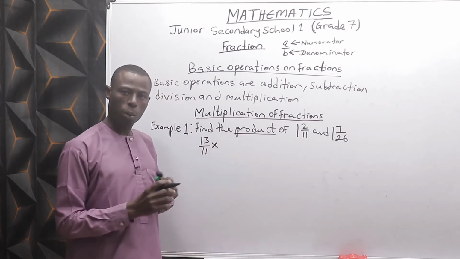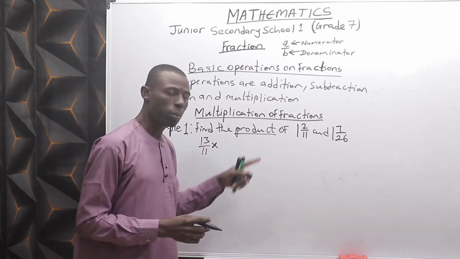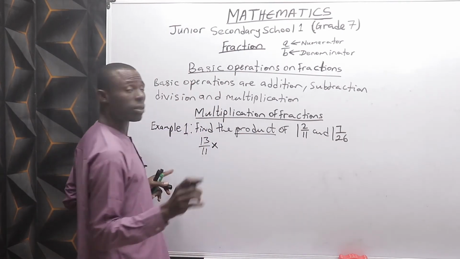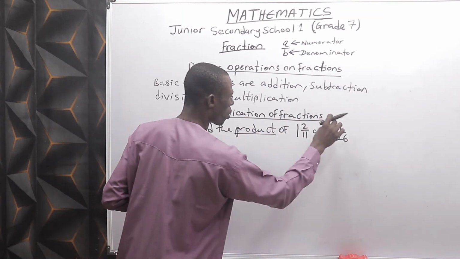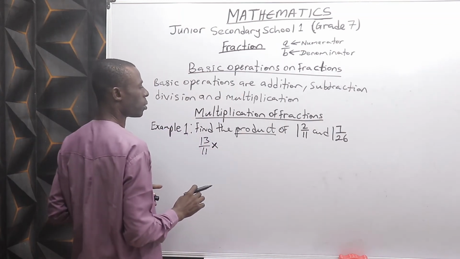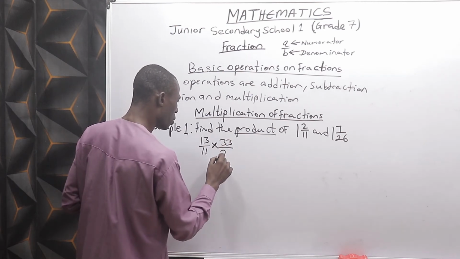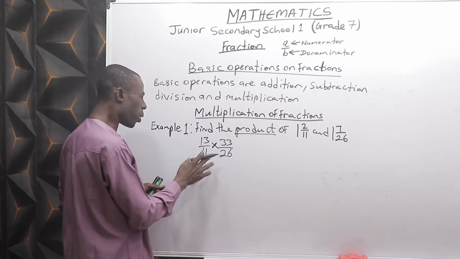Product means multiplication. So 26 times 1 is 26. 26 plus 7, that is 33. 33 over 26. Multiplication now.